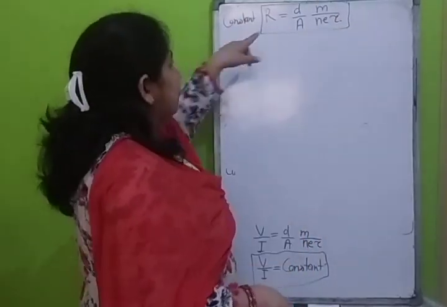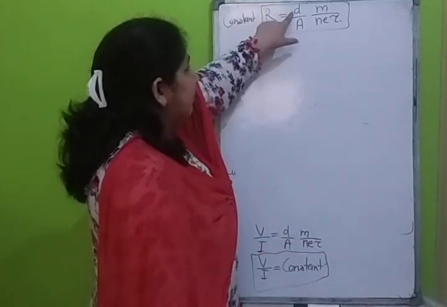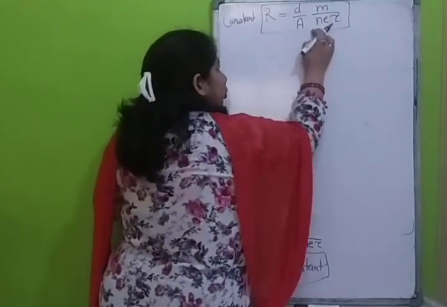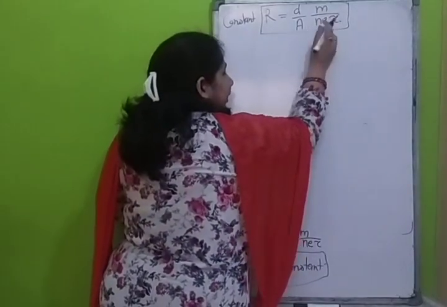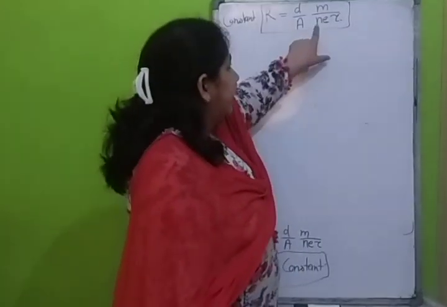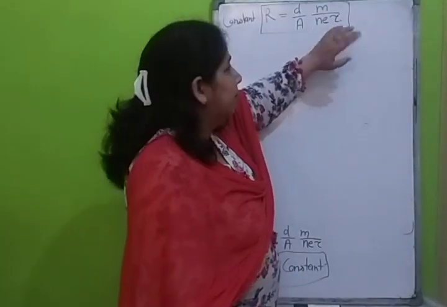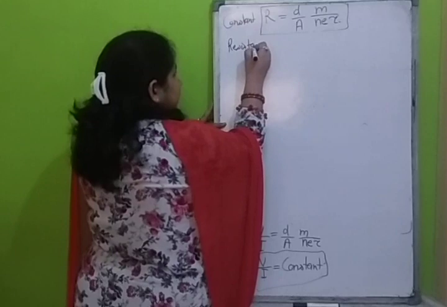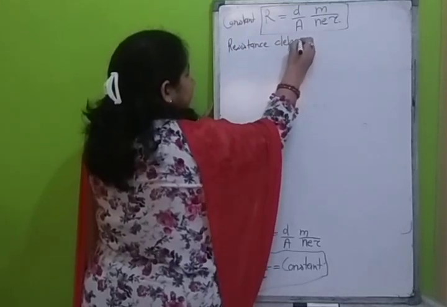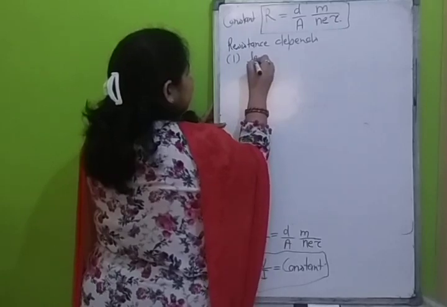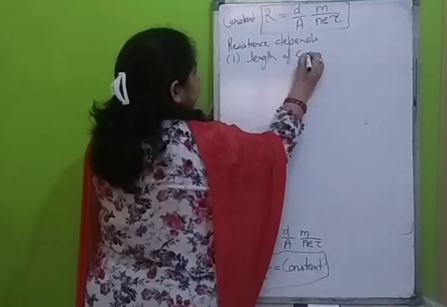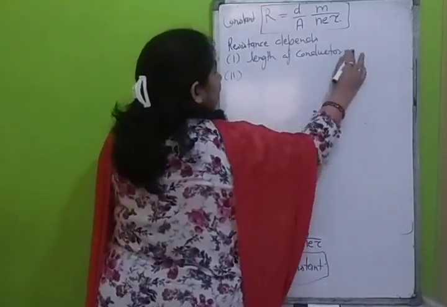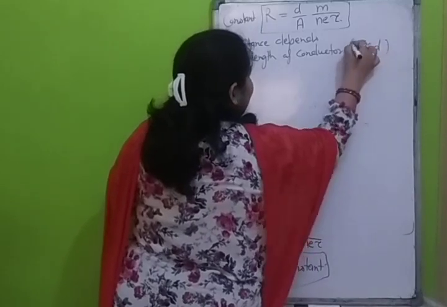Now, the resistance is a property of the conductor. It depends on the shape and size of the conductor, on the nature of the conductor, identified by n, and on temperature T. Resistance of a conductor depends, first, on the length of the conductor: R is directly proportional to d.